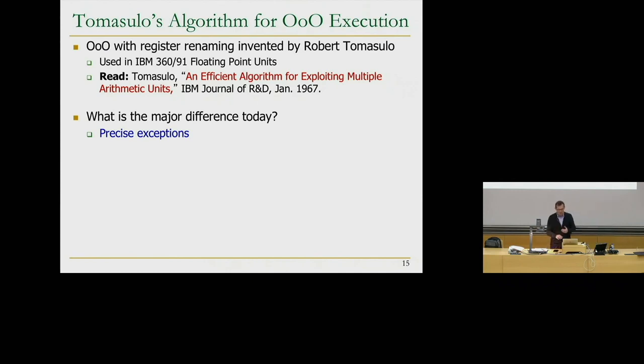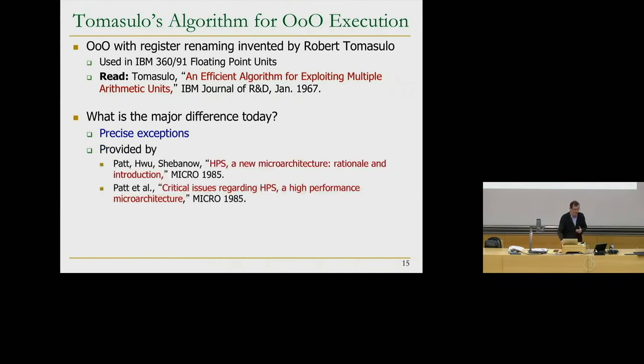Once you add precise exceptions to it, which these papers actually did, these papers heavily influenced Intel's first out-of-order engine, the Intel Pentium Pro. If you actually read the book Pentium Chronicles, it's a beautiful book that I would recommend. It's about business, it's about technical, how you actually design an out-of-order machine. It's by Bob Colwell, who was the chief architect of the Intel Pentium Pro. You will see the history of it.